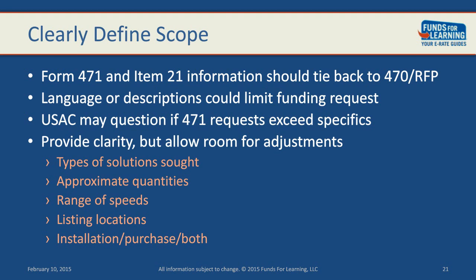Make sure that your RFP, that your Form 470 provides a clear picture of what it is you're interested in, and that it ultimately ties to the contract that you signed, and then the application that you've submitted.